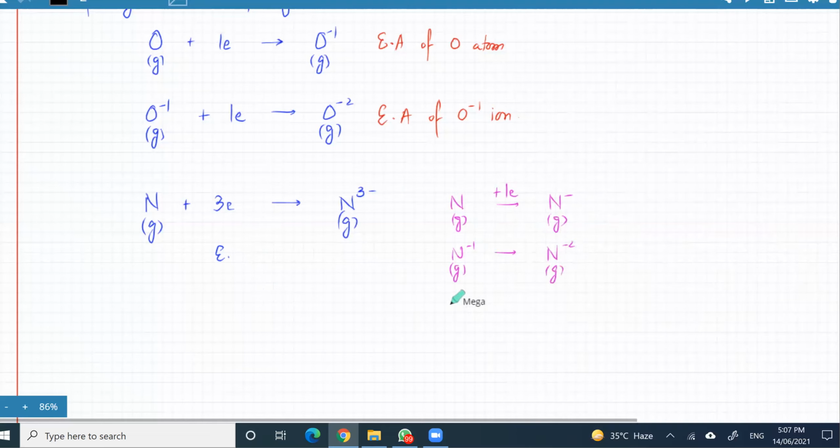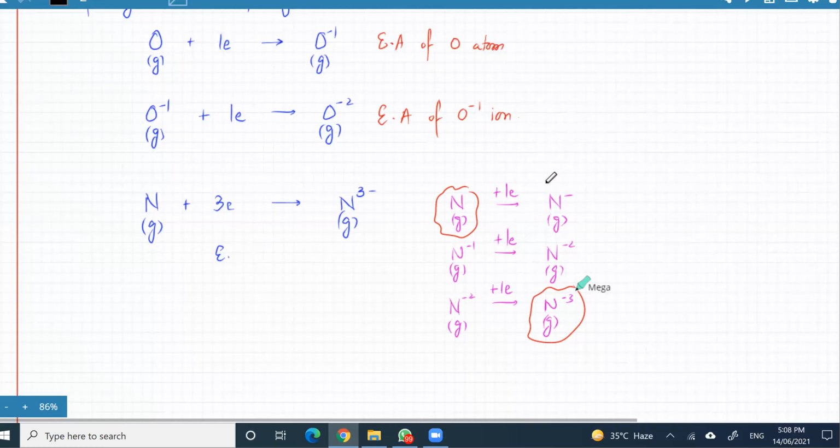And then finally you have N-2 trying to gain an electron to form N-3, right? So every time it's trying to gain 1 electron. Your starting point is N over here, and you ended up over here at N-3, right? This is what's happening in the reaction. Is that clear? Yes.